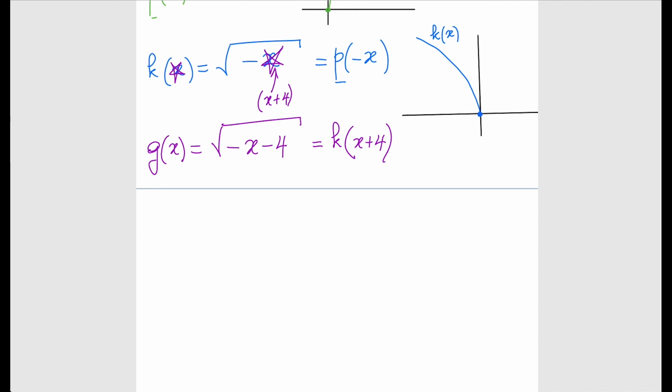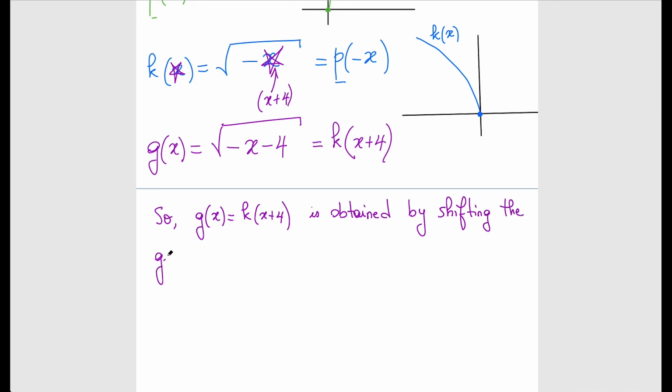So we're back to this. We're going to shift this guy to the left by 4 units. Actually, let me write this down for you. So g of x, which is k of x plus 4, is obtained by shifting the graph of k, which is the blue one above, the graph of k of x, to the left by 4 units, right?